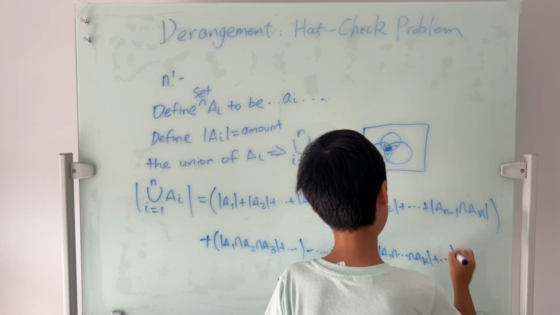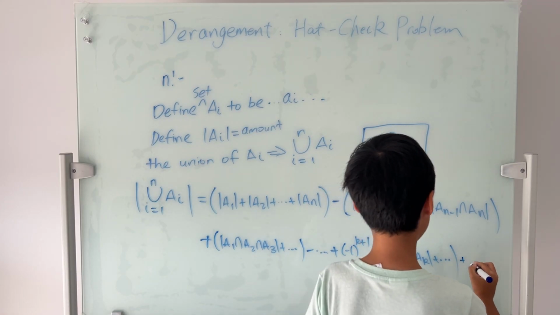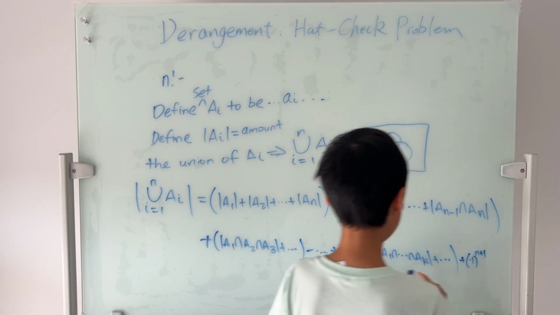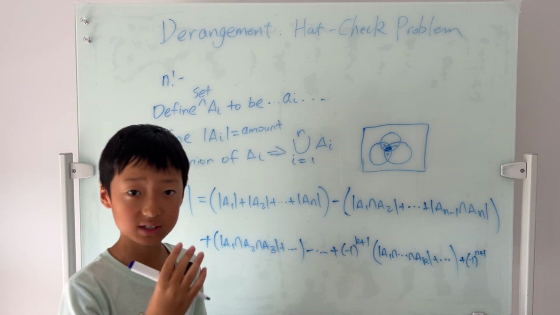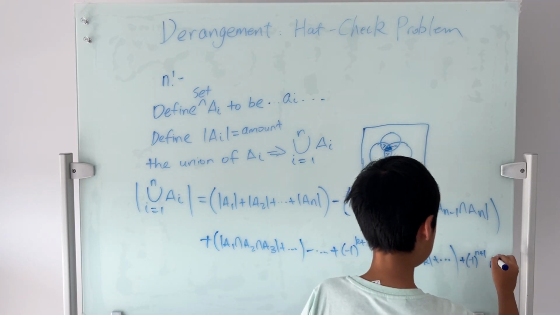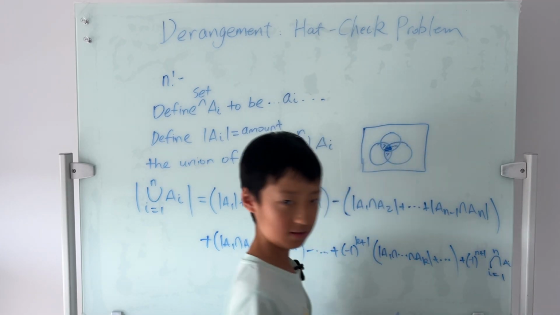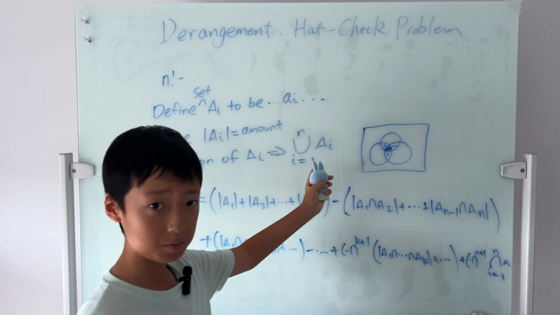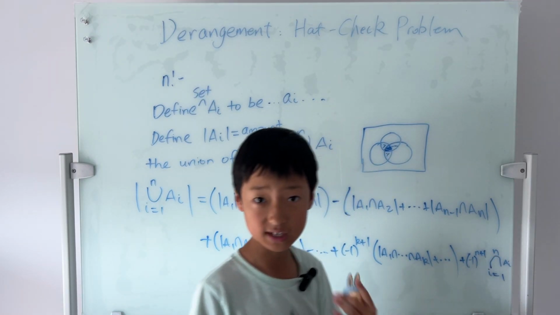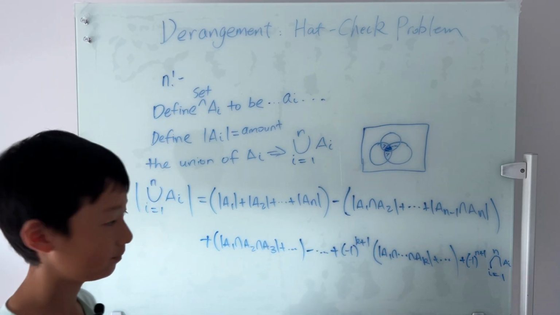And then we add and so on, and then we go to the last term, (-1) to the n plus 1 times the intersection of Ai as i goes from 1 to n. This means, if you use your problem solving knowledge, A1 intersect A2 intersect all the way to An. I only wrote that because I don't have any space.